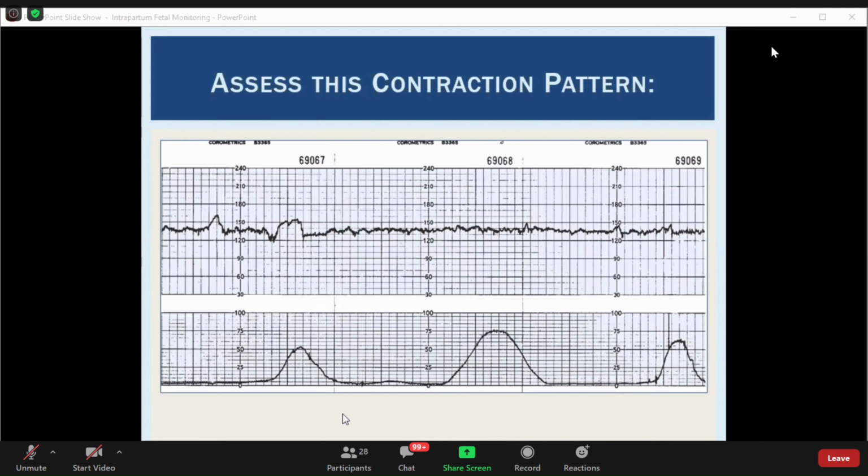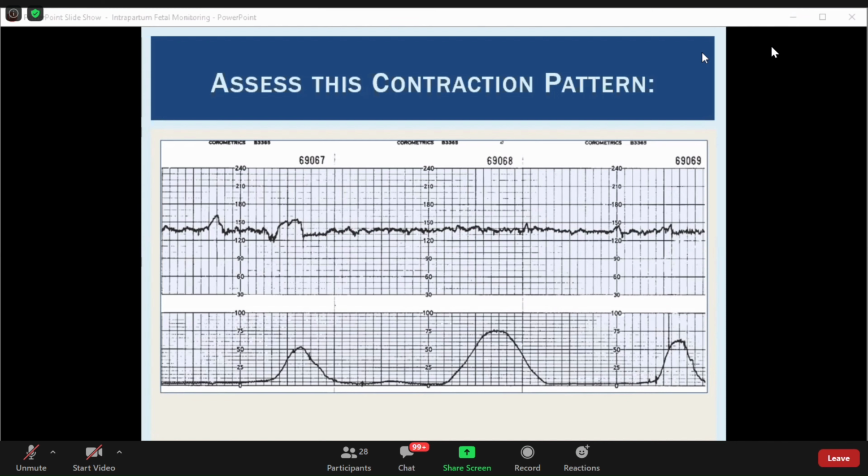How often are they coming? Regular. I'm going to ask you to put it in the chat box just so that I can make sure that I'm getting all of you. How often are these contractions coming?